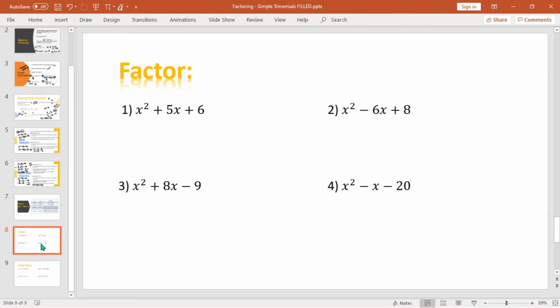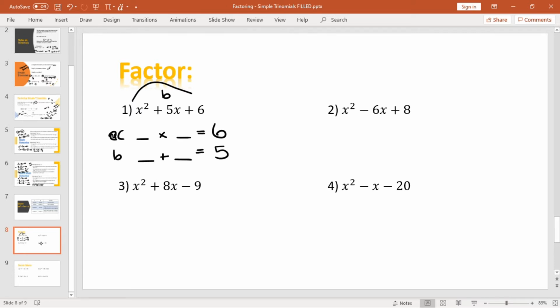So let's do some and do it the long way. So that AC line and that B line. AC is always your product line. I need things that are going to multiply to 1 times 6, which is equal to 6. And I need things that are going to add to 5.